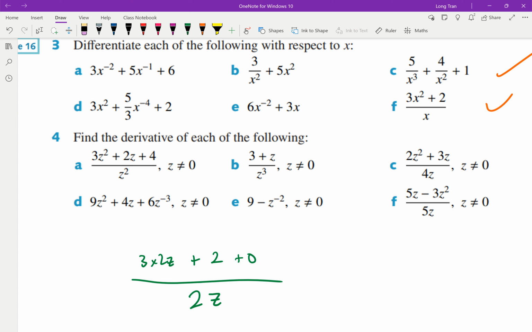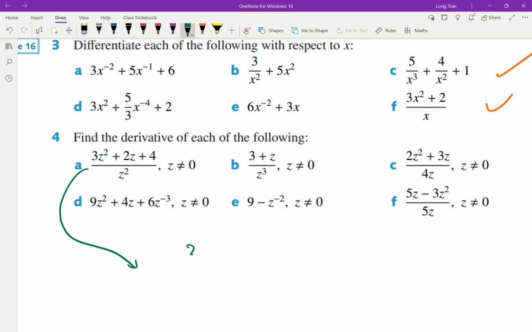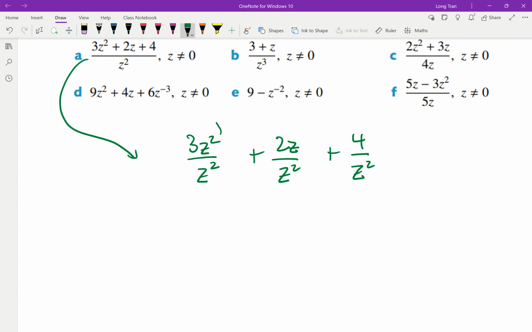Like Matt and Andre just said, you can split this into 3z squared over z squared plus 2z over z squared and then plus 4 over z squared. Now you've broken them up into individual terms. You can simplify them. z squared divided by z squared cancels out. So you get 3 plus z divided by z squared gives you 2 over z and then plus 4 over z squared.